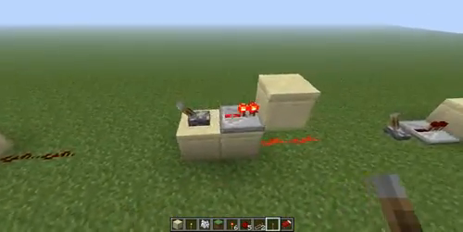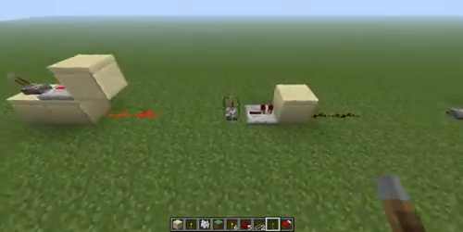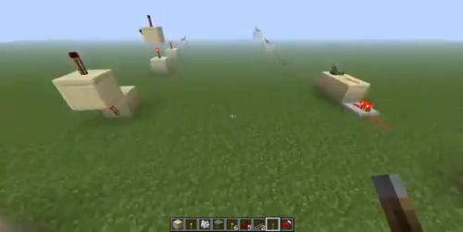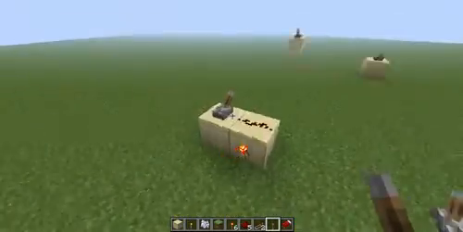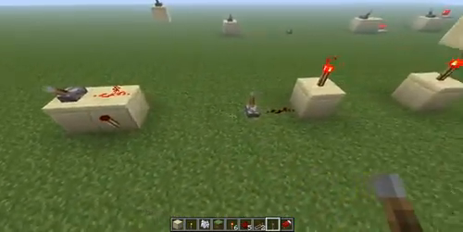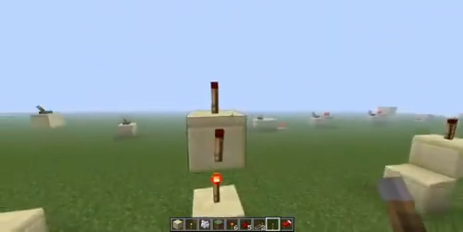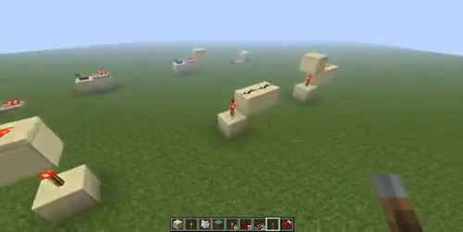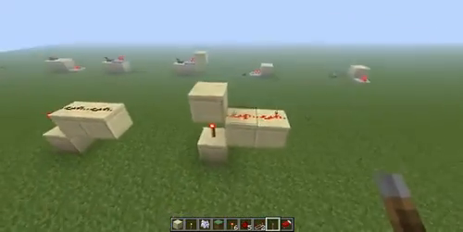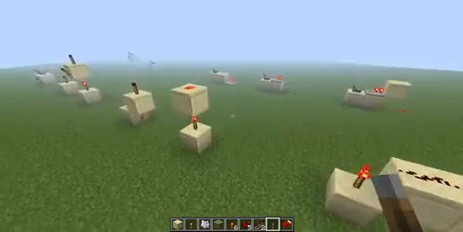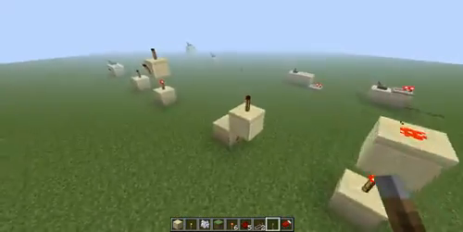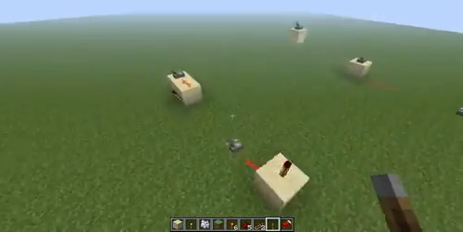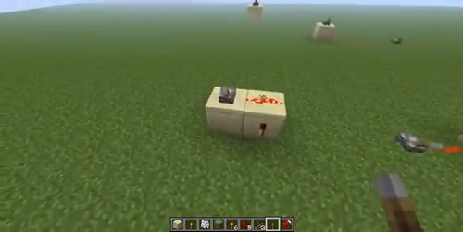I expect you to know how the power can go through a block, and these basic things about redstone torches. If you don't know this, please just watch some other really basic tutorial before and then come back here.